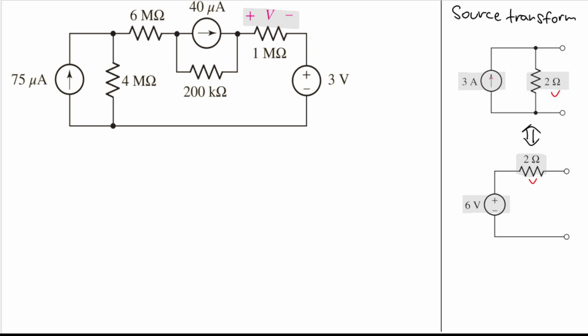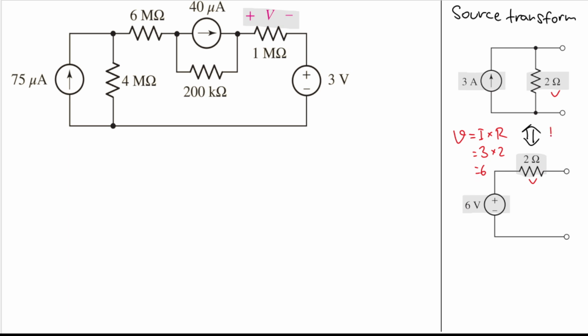To change the current source into a voltage source, we use this formula here, which is Ohm's law. So V is equal to I times R. If the current is 3 ampere and the resistance is 2 ohm, we will get this value, 6 volt here, which is the same here, but in the opposite direction.